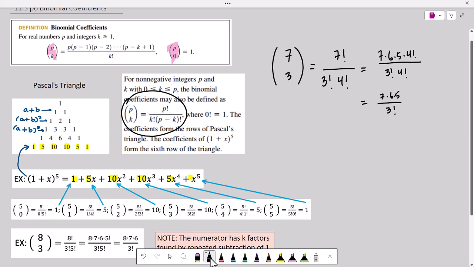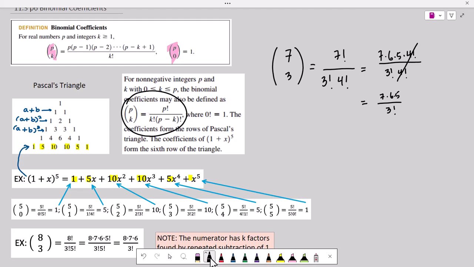But if we notice that the p minus k part can always be canceled, that's what this is doing. It's saying, let's take p, do repeated subtraction of 1, and whatever k is down here tells us when to stop. We're going to stop after we've done 3 factors in the numerator. So there's going to be k factors in the numerator, going 0, 1, 2, all the way down to p minus k plus 1. That'll give us k factors in that numerator.